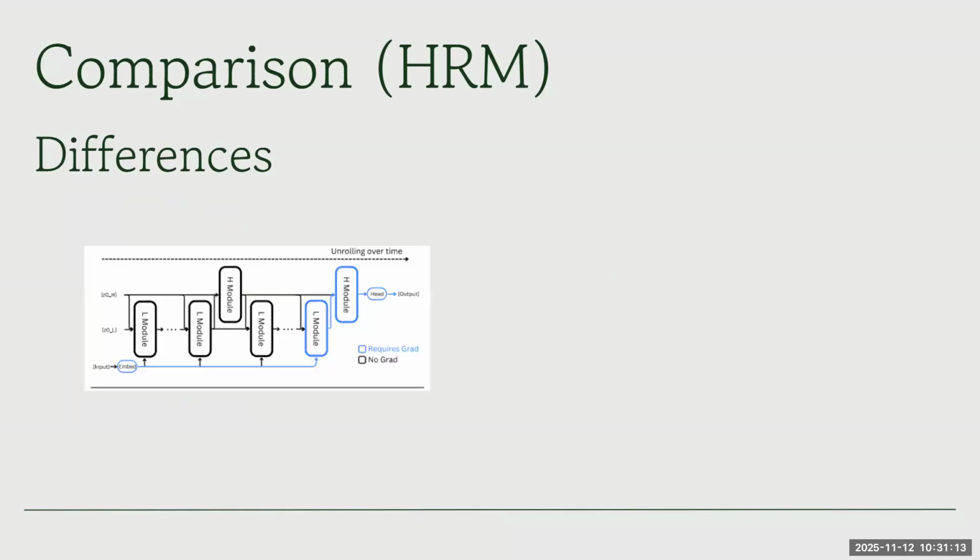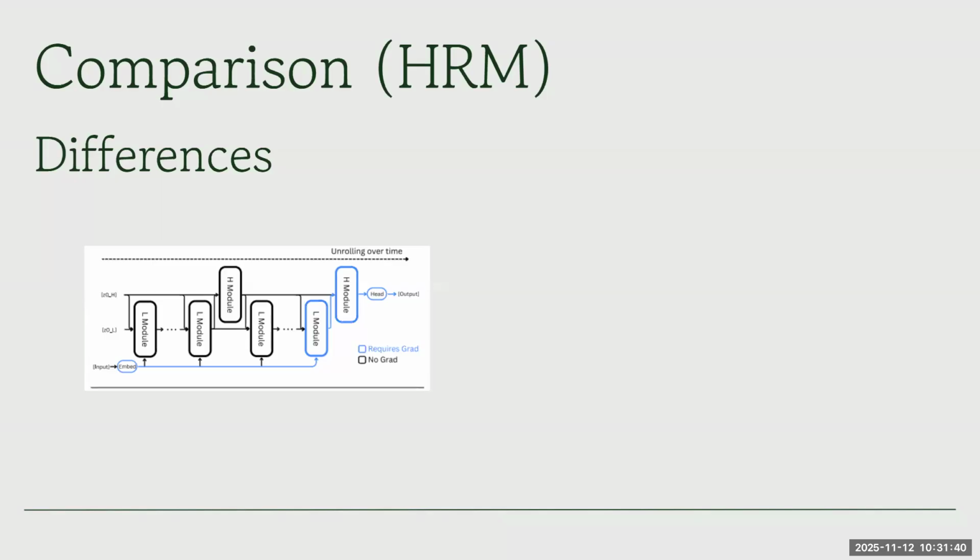In HRM, at a super high level, you have the, no pun intended, high-level module and the low-level module. The effective depth is basically the number of steps for the low-level thinking module and the number of cycles for the high-level thinking module, so you have this n by t.